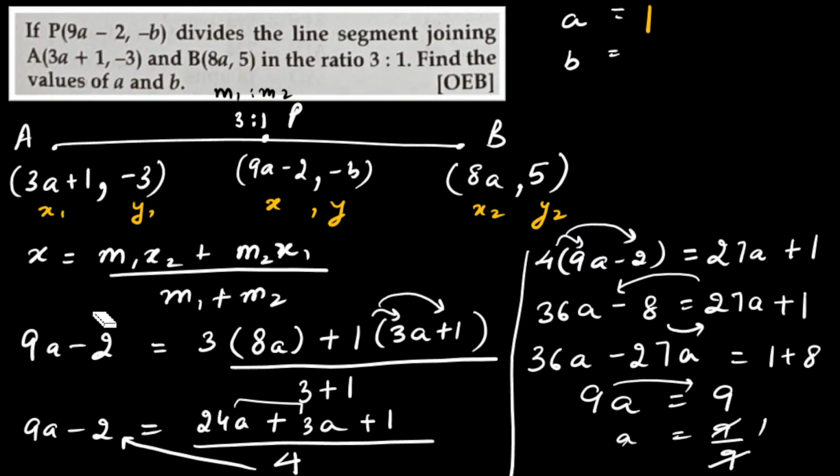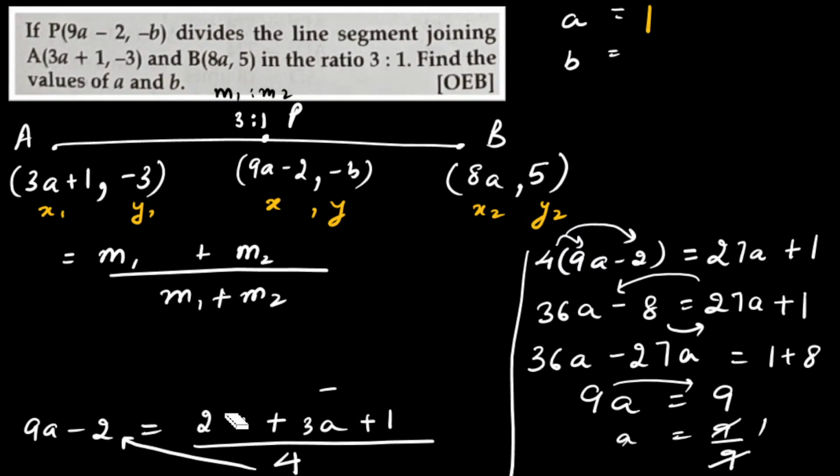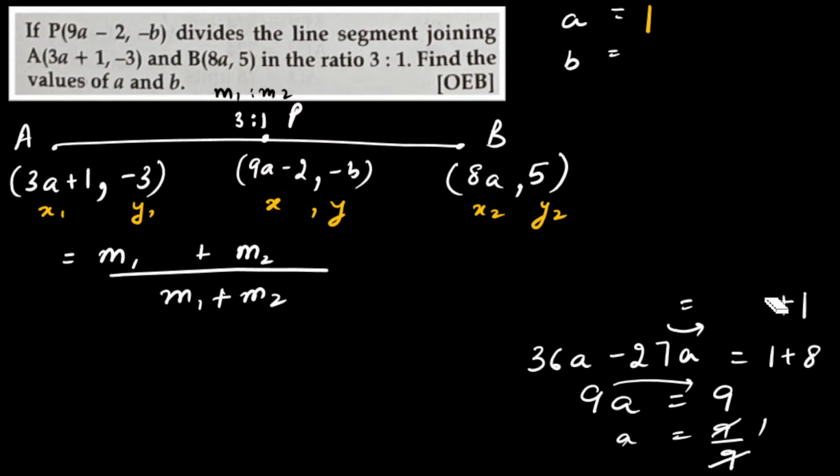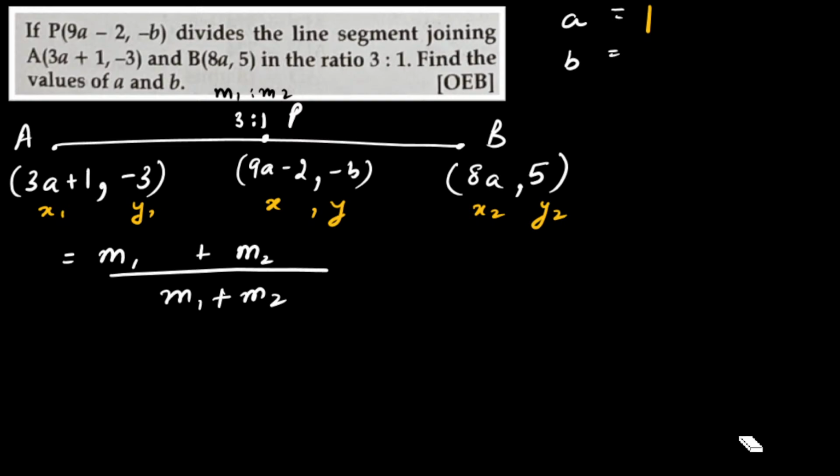Let us find the value of b as well. For b we have to use the y formula, the section formula for the ordinate. Y is the ordinate and x is the abscissa, I hope you remember. So y is equal to m1 y2 plus m2 y1, this is the only change.